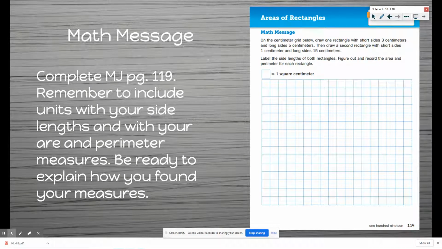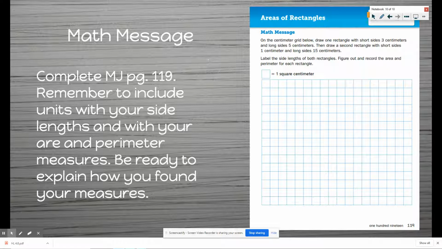Okay, you're going to turn in your book to page 119, and you are going to follow the directions at the top and find the perimeter and the area of what it's telling you to do.